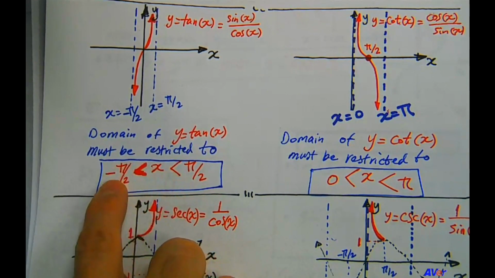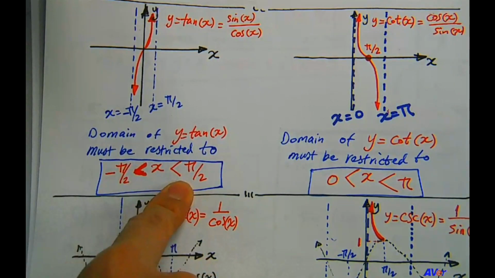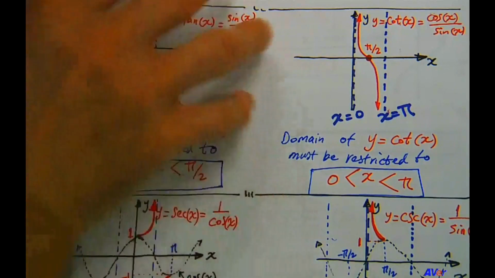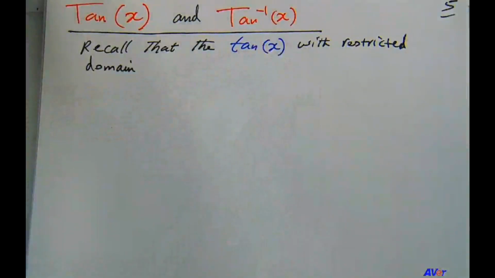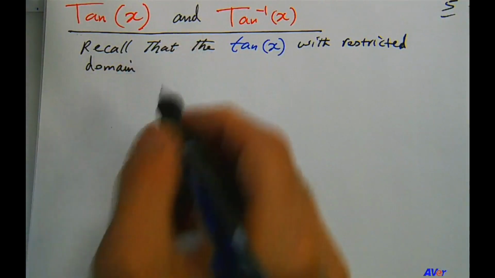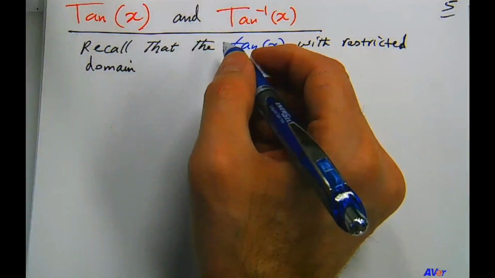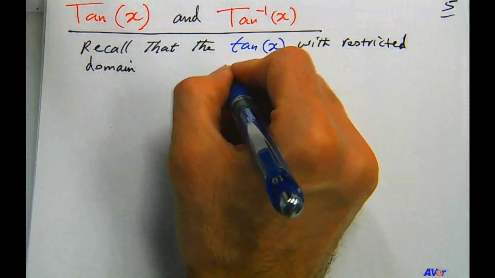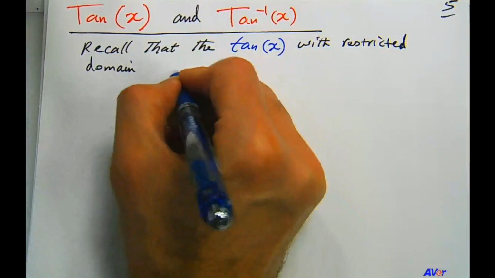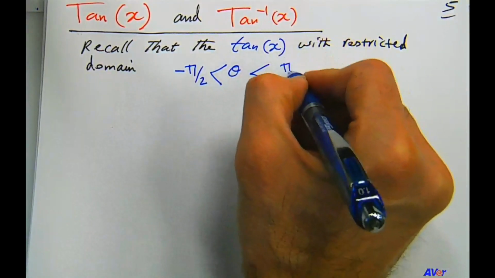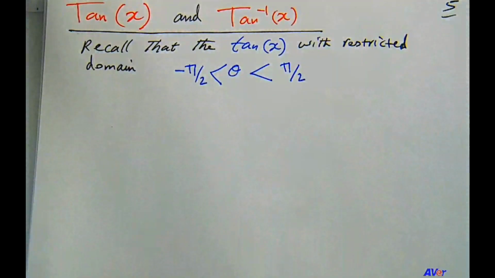That's why negative pi over 2 and pi over 2 are excluded from the restricted domain of the tangent of x function. So theta is greater than negative pi over 2 and less than positive pi over 2, right?